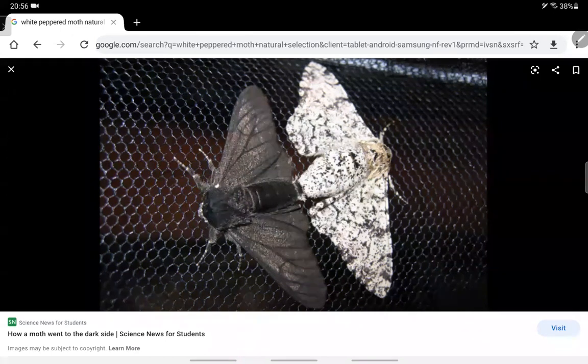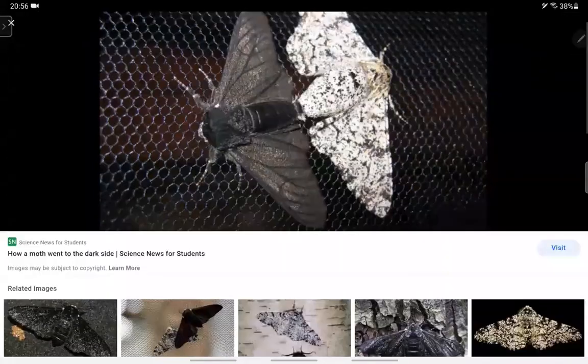That's why you can see over here, these two peppered moths are often used in genetics. When they talk about adaptation, they're talking about this. Whichever species or color variant can survive better in the environment will multiply and survive better than the other one. So that's an example of adaptation.